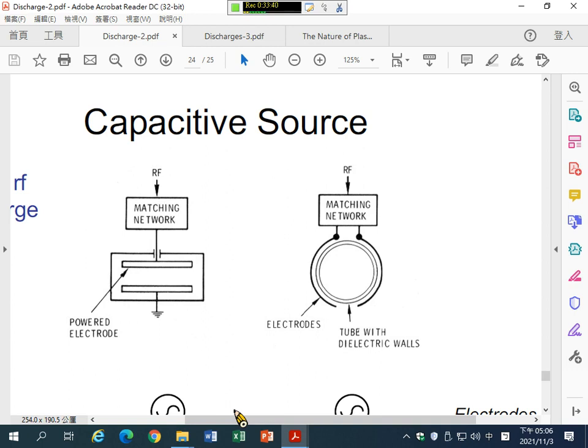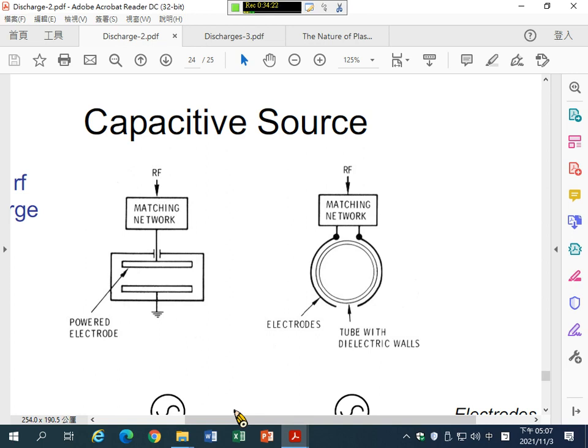And these two electrodes are connected to the RF power supply through a matching network. On this side, the metallic electrode is placed outside of the quartz tube, and in the real world, the metallic electrode is in contact with the quartz tube. So this part looks like the planar diode system, right?